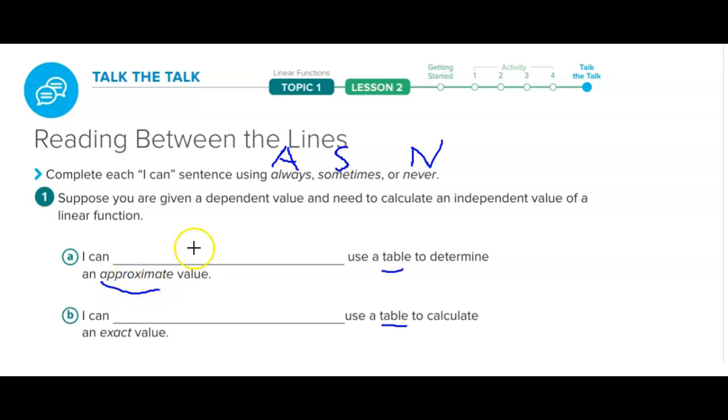I would argue that you can always use a table to get an approximate value, but maybe not always an exact value. So sometimes, if you're lucky enough, you can get an exact value from a table, but you can generally get at least an approximate value from a table.